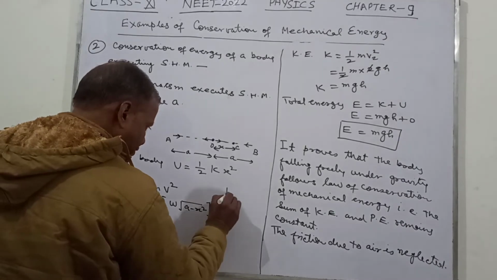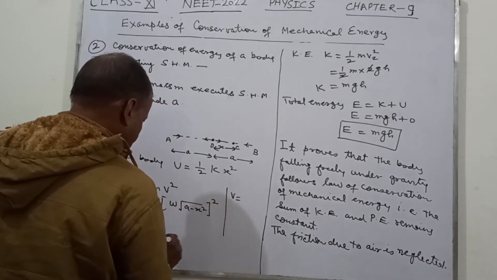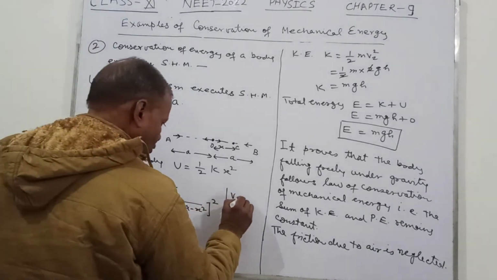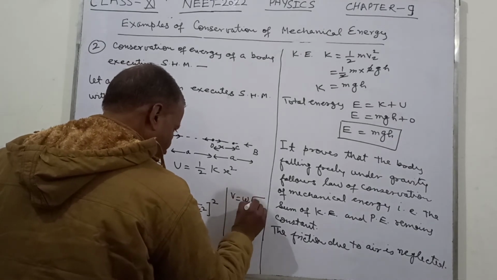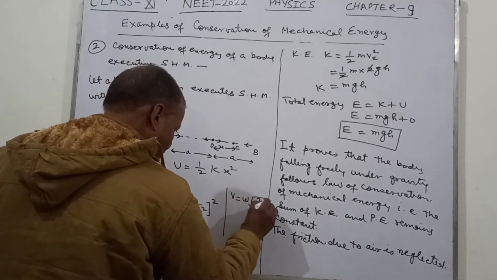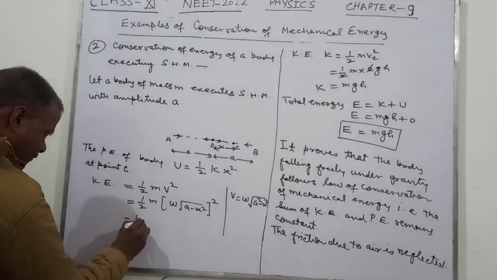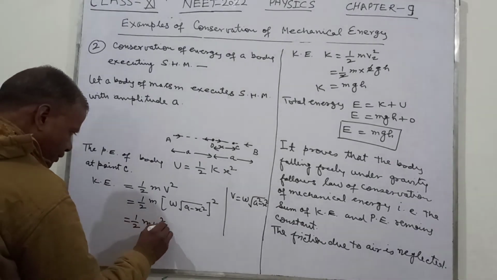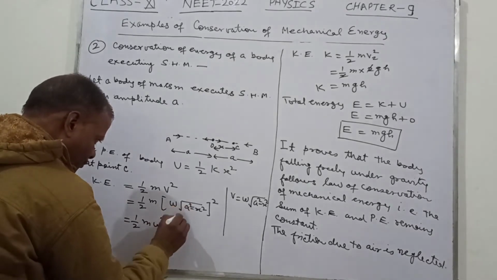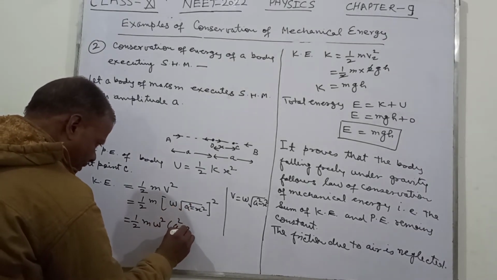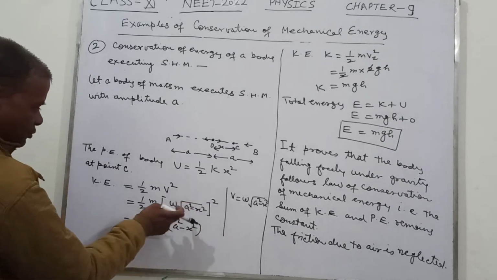Here v is equal to omega square root of a square minus x square. So this is equal to half m omega square into a square minus x square.